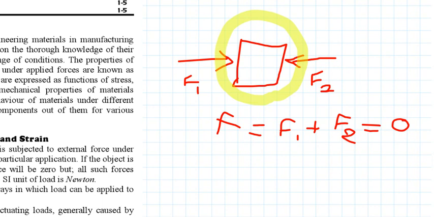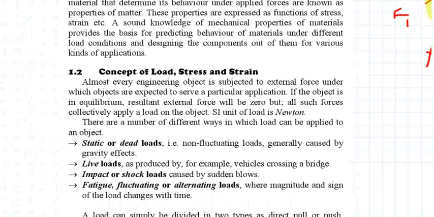Load is the scalar sum of the two forces F1 and F2, so it will not be 0. Whenever more than one force is applied on the object, and the resultant force acting on the object is 0, the load is not 0. So this is the clear-cut distinction between load and force.